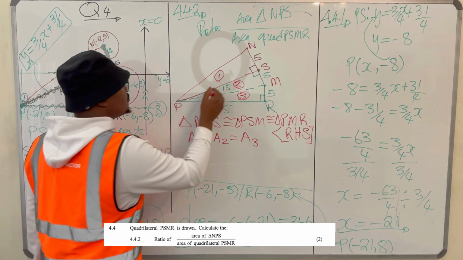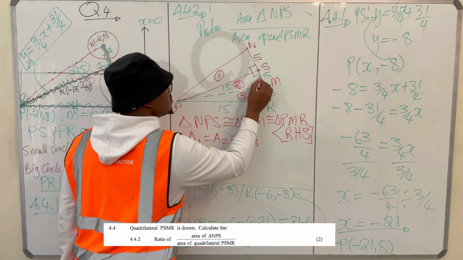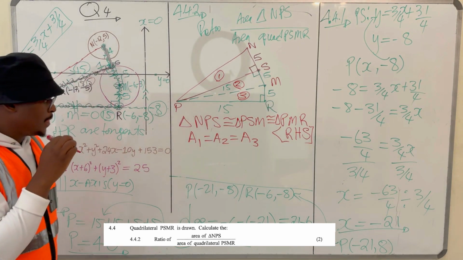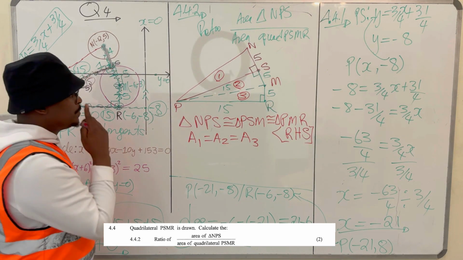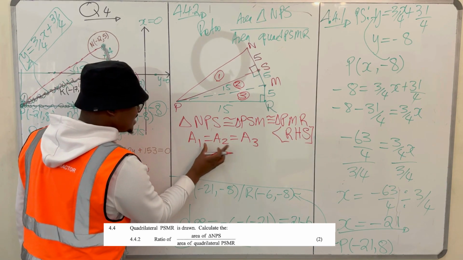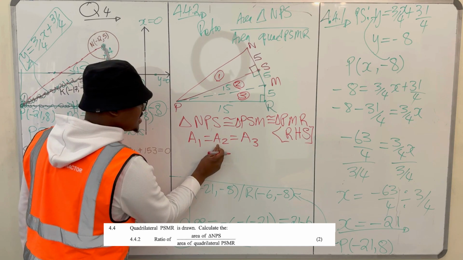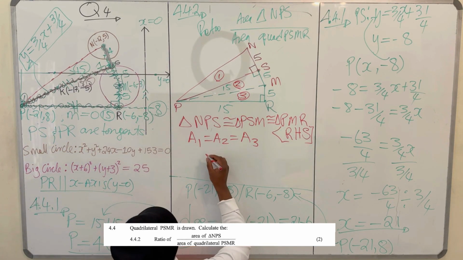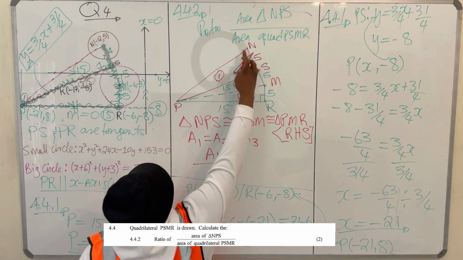If you calculate the area of this, it's going to come out the same as the area of the small one here. All these areas are exactly the same. So now, if you want the ratio of the areas, you say area 1 over the area of the quadrilateral.